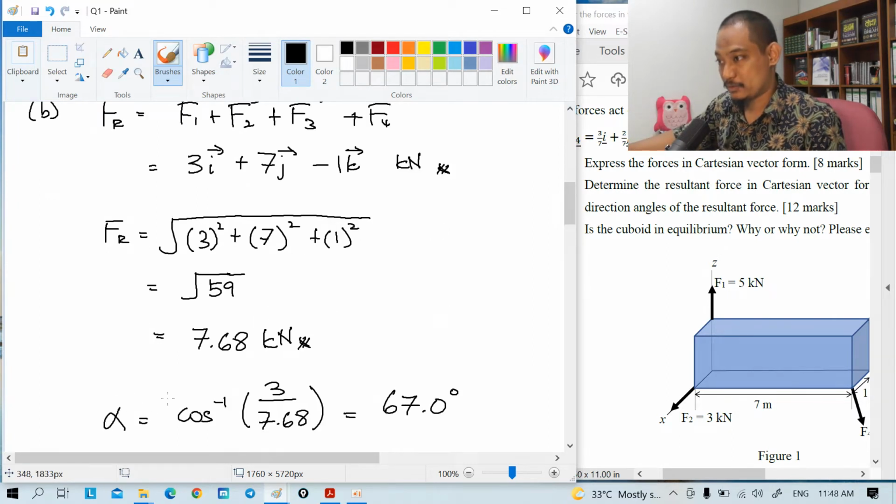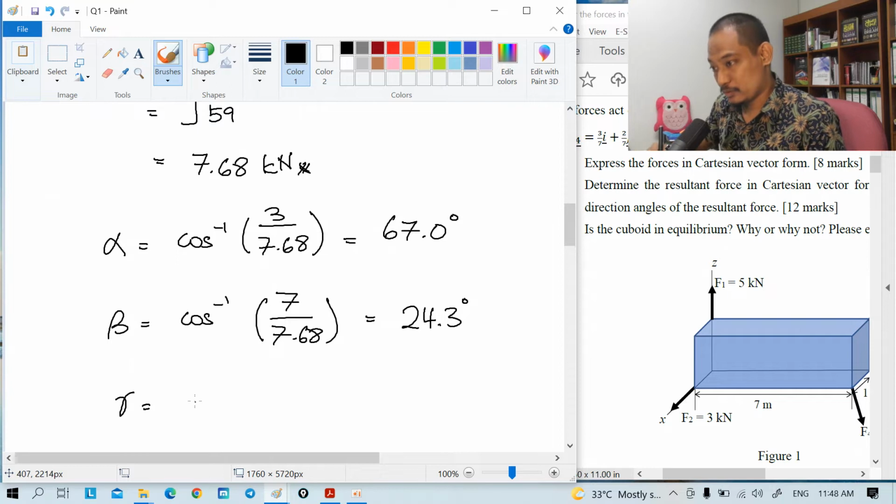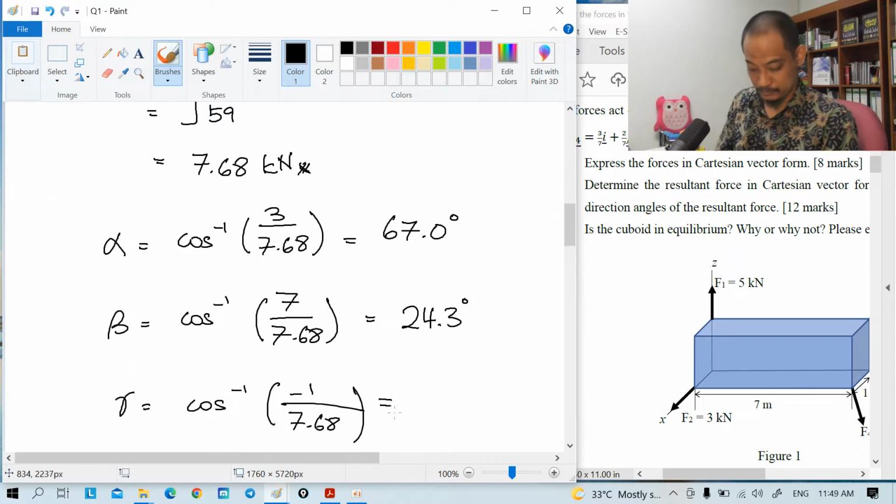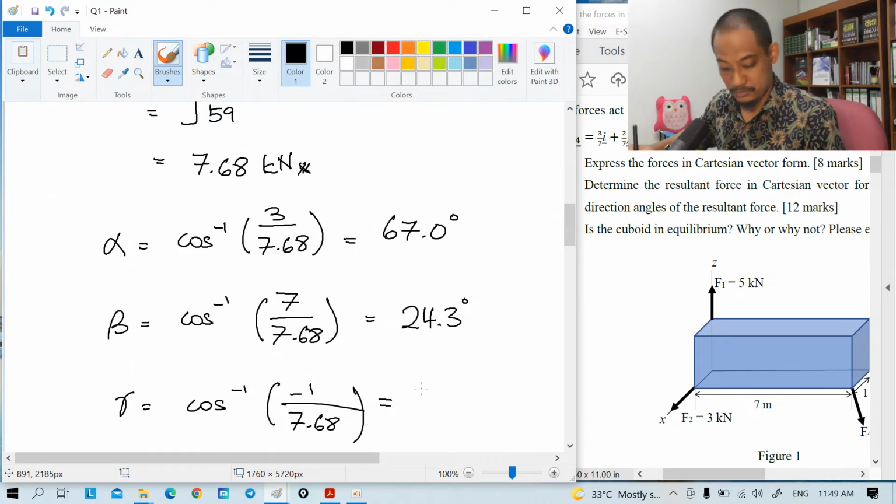And gamma, it is minus 1. So cos minus 1 of minus 1 over 7.68, cos minus 1 of minus 1 divided by 7.68, 97.5 degrees.